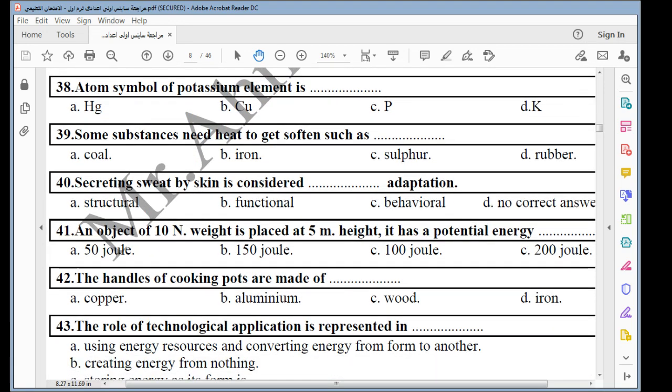Okay. 38 atom symbol of potassium element is potassium. طبعا دي سهلة.